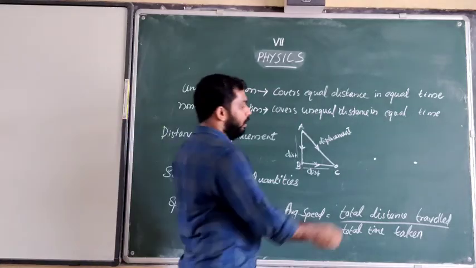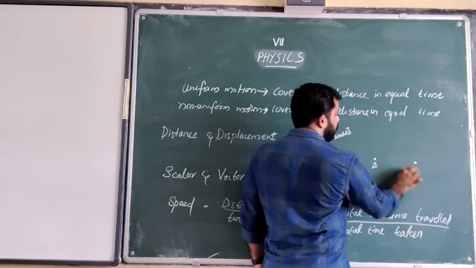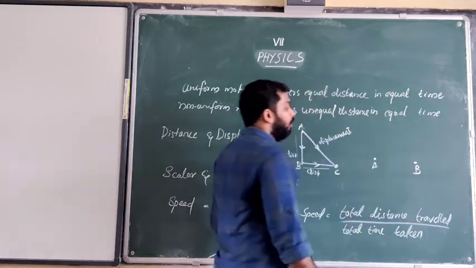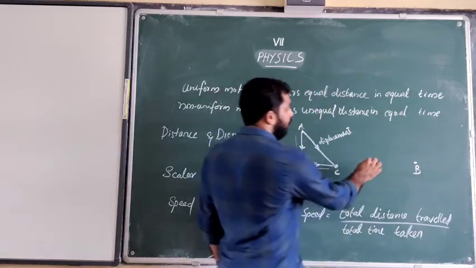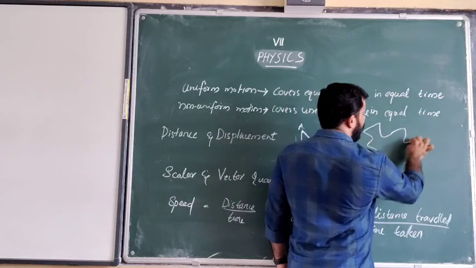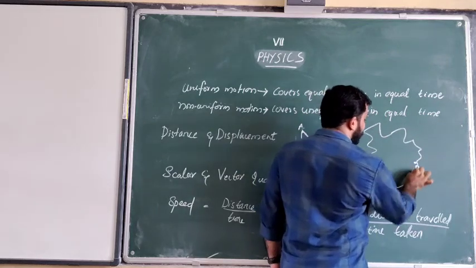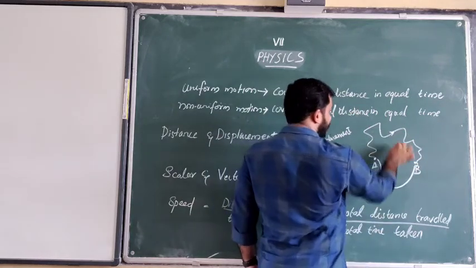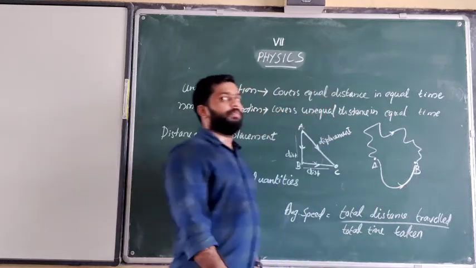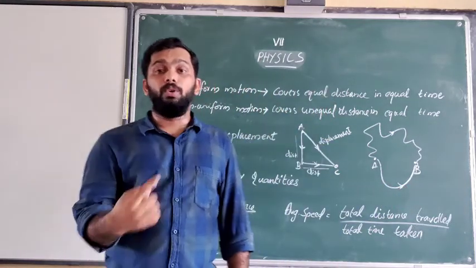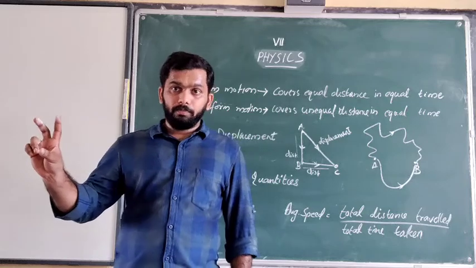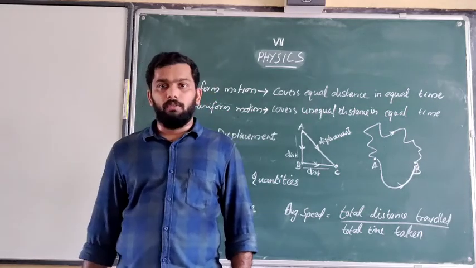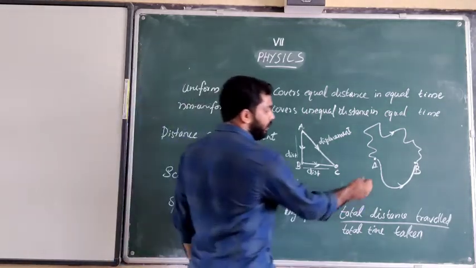Again, one more example. This is the initial position A, this is the final position B. I want to travel. I can travel like this, like this a person is traveling, or like this. In both cases, it is distance. That means they cover the total distance traveled. But what will be the shortest distance?